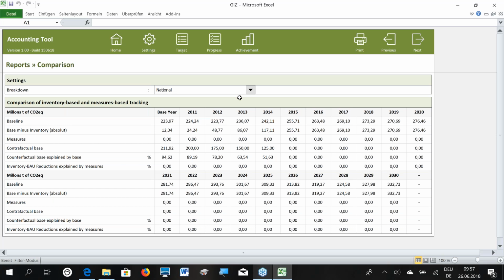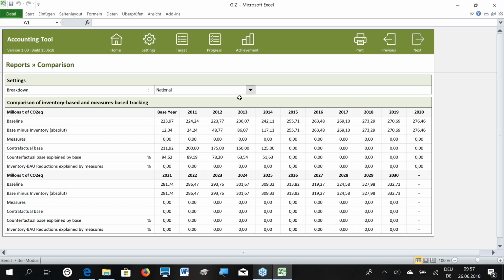And if the conditional and the unconditional target have the same scope, for example, if both are at the economy-wide national level, the inventory wouldn't provide separate data for these two different targets.